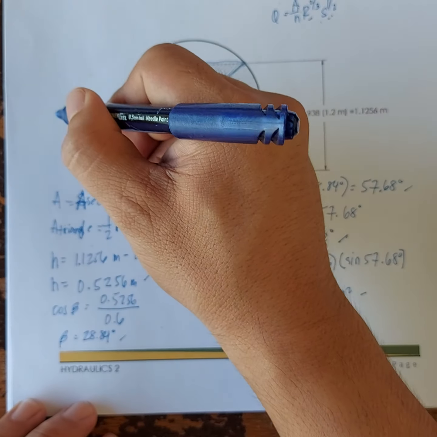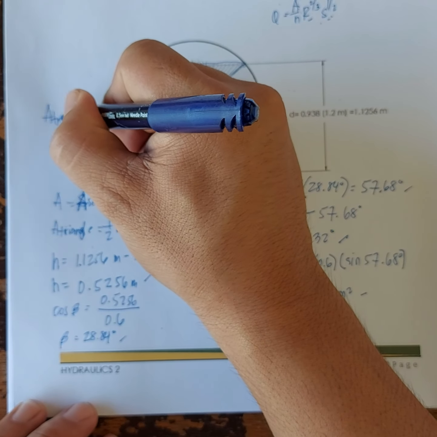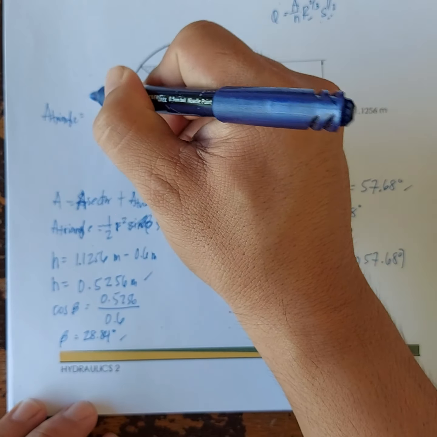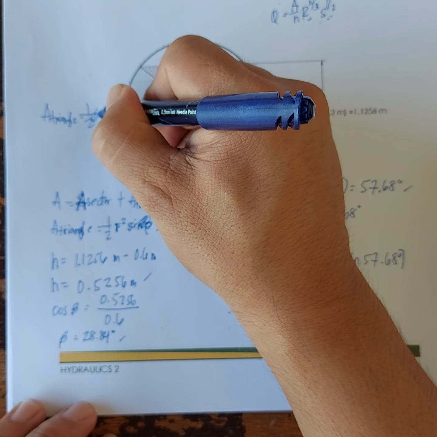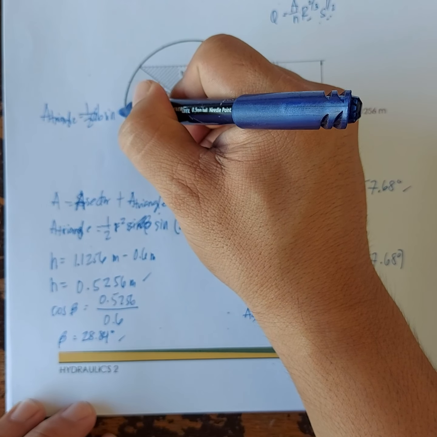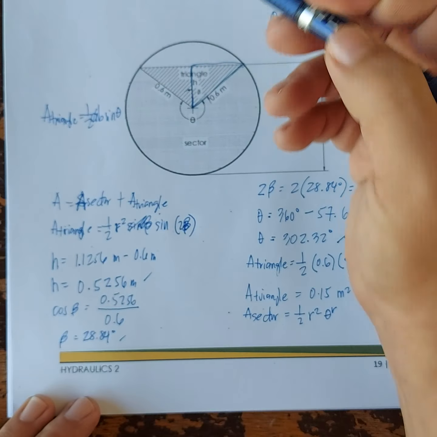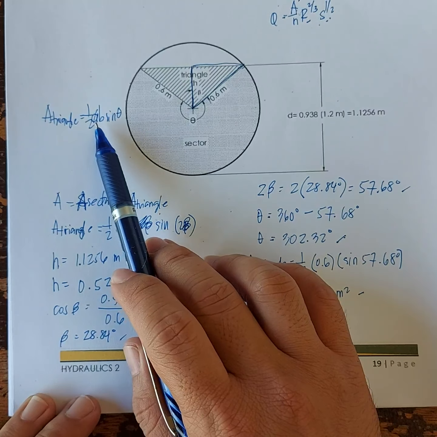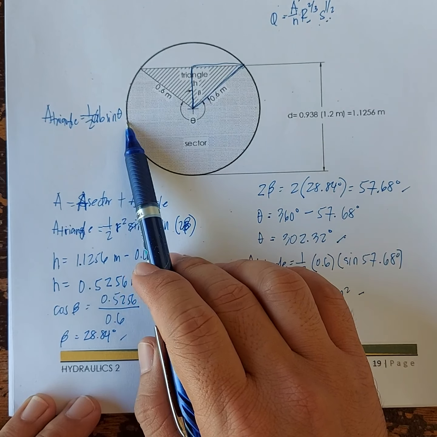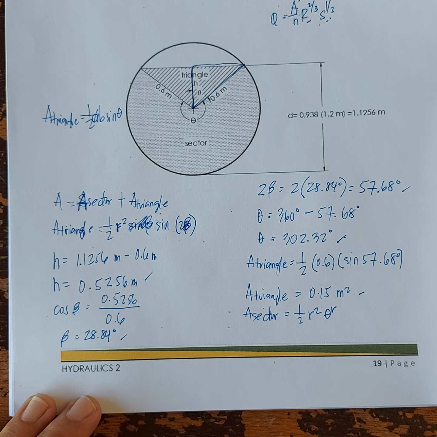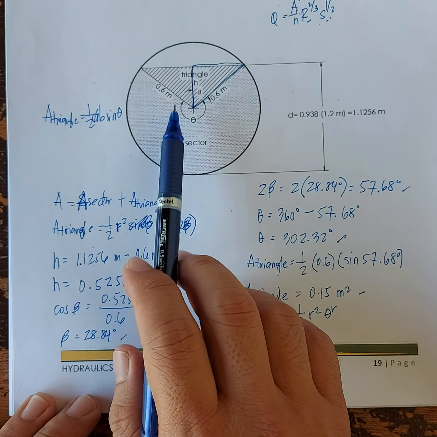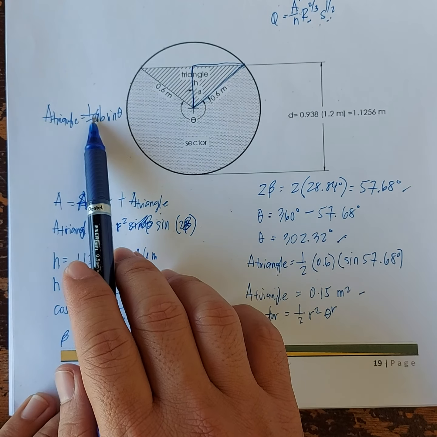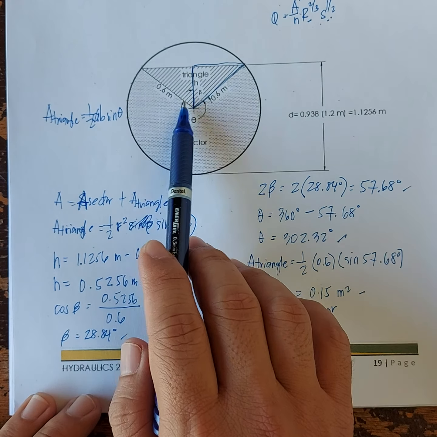Originally, area ng triangle is equal to 1/2 AB sine of any angle here, theta. When given two sides and the included angle, you can solve directly for the area of a triangle. Nagkataon na yung radius natin dito, yung adjacent sides ay parehas na radius.